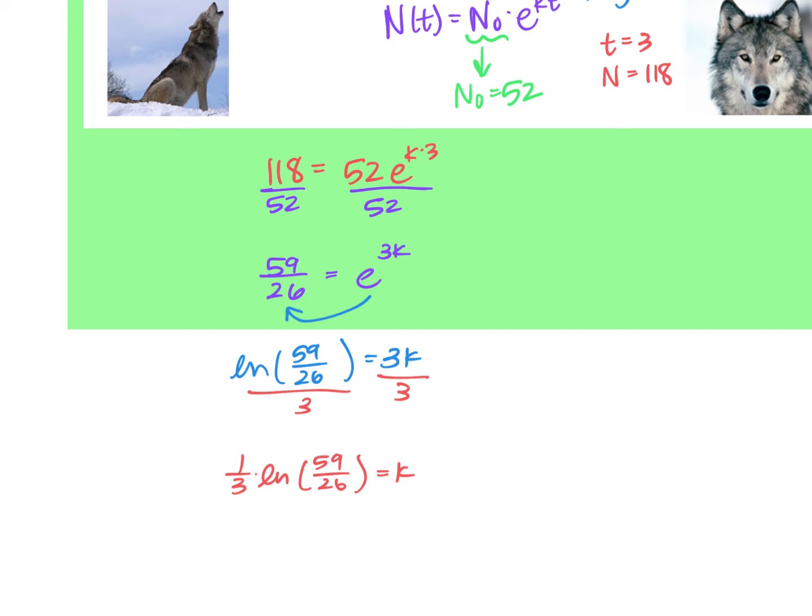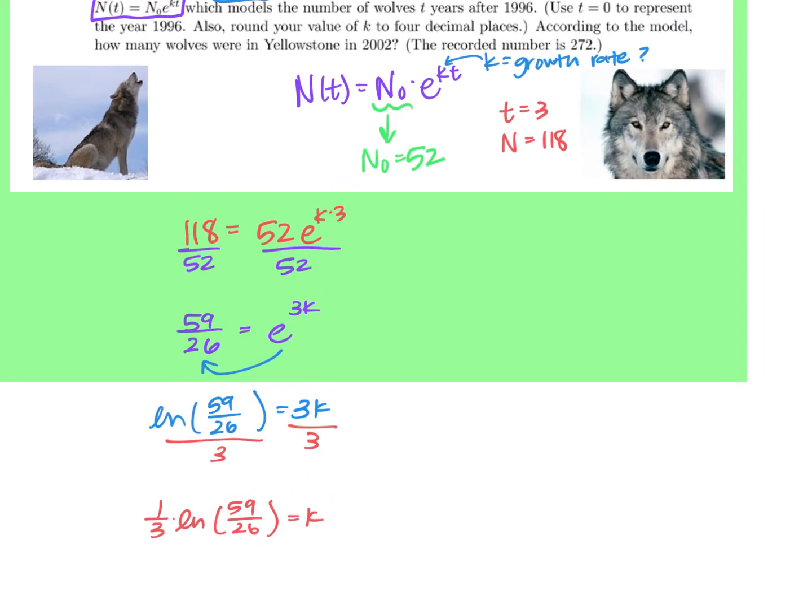That's my growth constant. So plugging that back into my function, that means the function that models the number of wolves in the park over time is going to be equal to 52 times e to the power of this value k, 1/3 times the natural log of 59 over 26, times time.